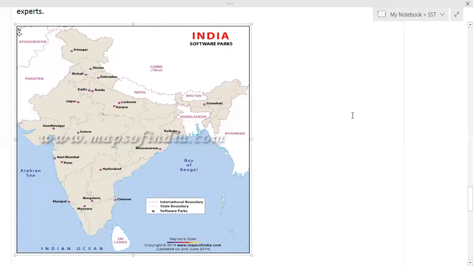Here you go. So these are some of the software parks of India. From Jammu and Kashmir we have Srinagar.